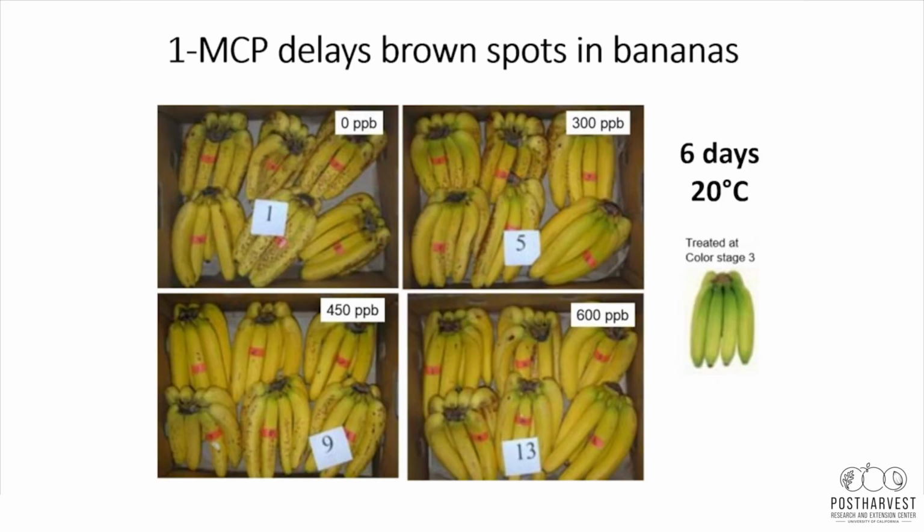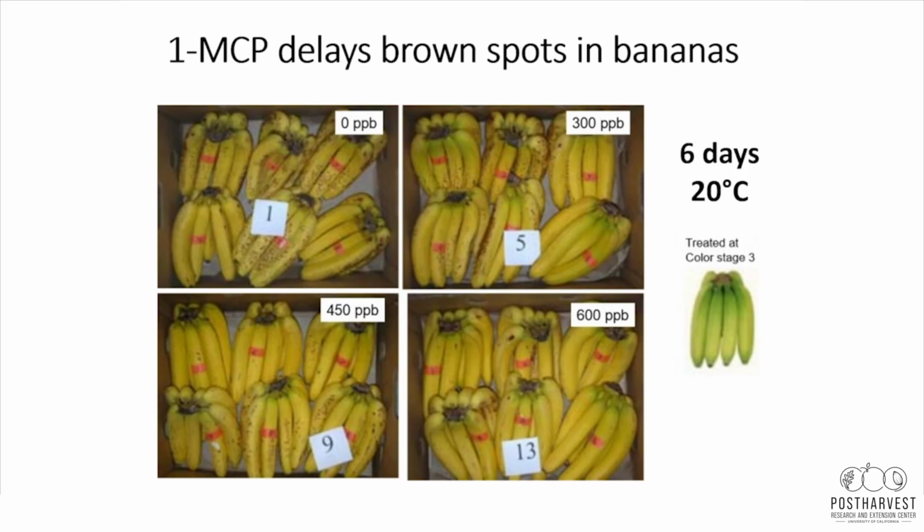Bananas. MCP can delay browning, brown spots, sugar spots in bananas. In this experiment, they used color stage 3 bananas, and they treated them for 6 days with 4 different concentrations of 1-MCP: 0, 300, 450, and 600 parts per billion.